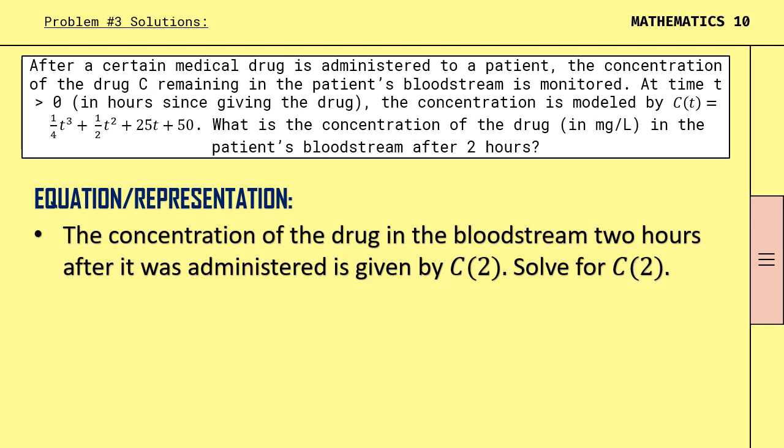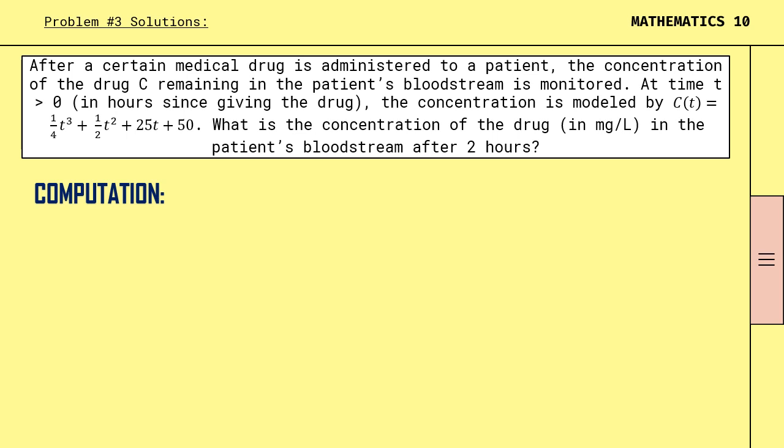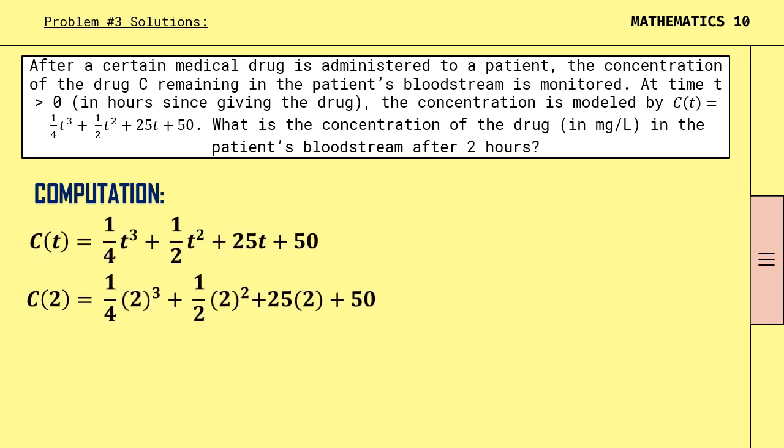Since we do have our equation already, let's copy the given equation for the meantime, and then we're going to substitute the value of t. It says that we are going to find out the concentration of the drug in the patient's bloodstream after 2 hours. So let's plug in 2 for the variable t.